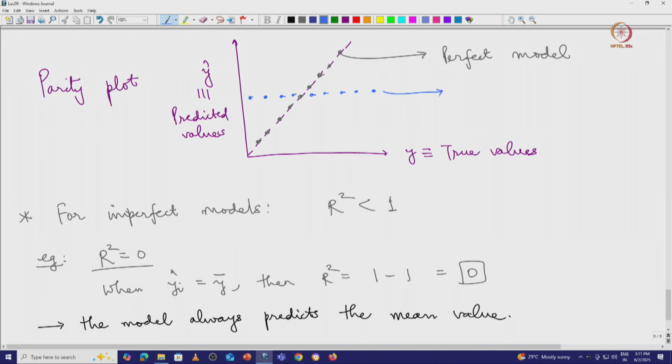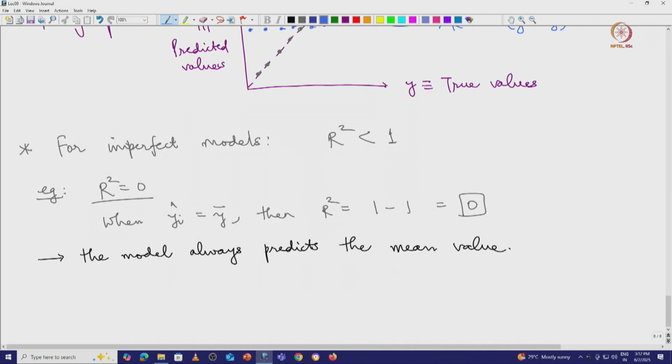So this was R square equal to 1, where y hat equals y, and this is R square equal to 0, where y hat equals y bar. In general the model can be anywhere between this. As the model becomes better and better, it tends towards the y equal to x line.